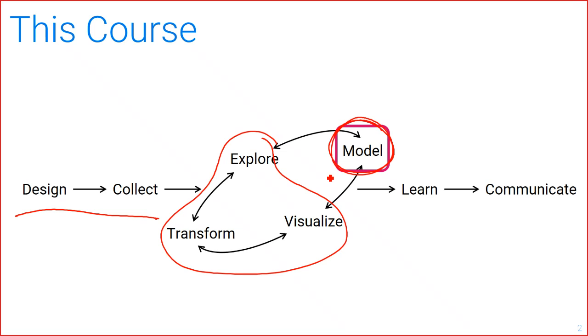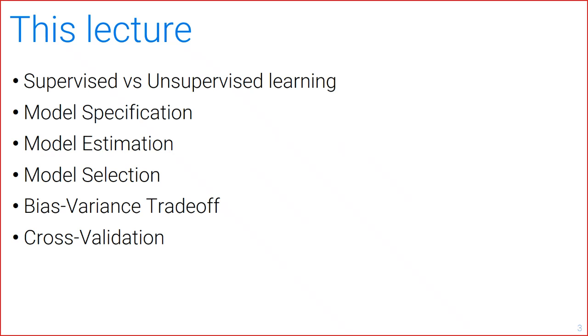And so in this lecture, we are going to talk about supervised and unsupervised learning, just a general introduction to what we build statistical models for and what kind of models we build. And then we'll cover 3 basic steps in building models. The first one is how to specify a model, then how we estimate the model given the data, how we make a selection between different models so that we arrive in the end at one final model.